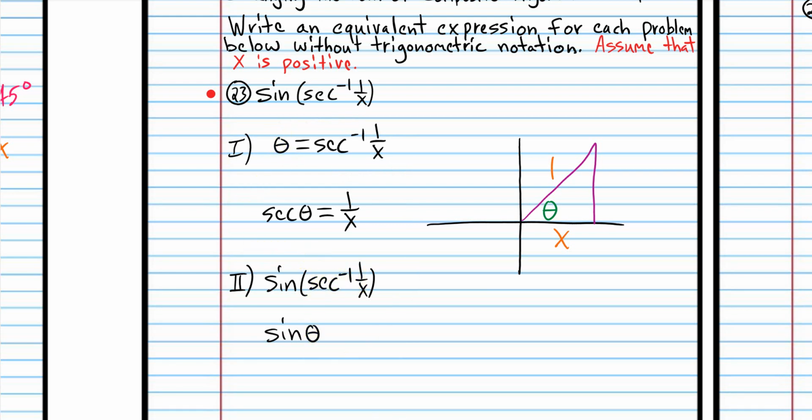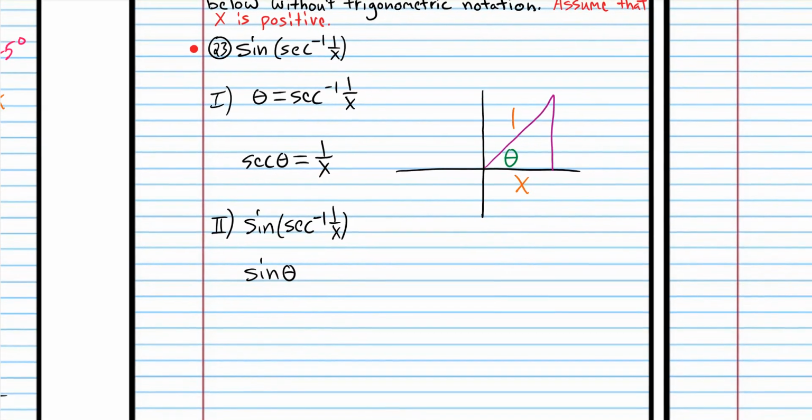So believe it or not, all we have to do is just use the triangle to find sine theta, and then we're done. So this problem looks really scary, but it's actually easy. So sine theta is just the opposite side divided by the hypotenuse. The only problem is we don't have the opposite side.